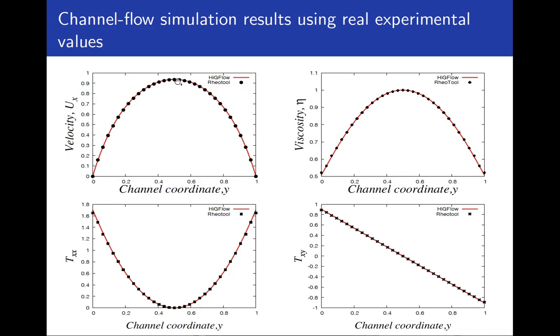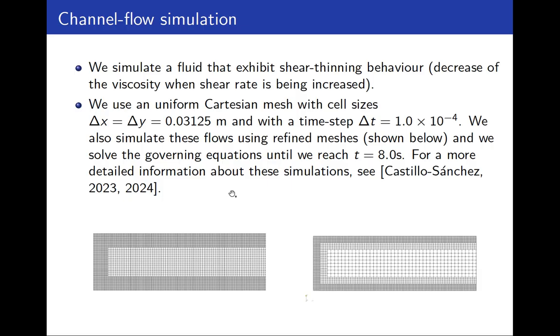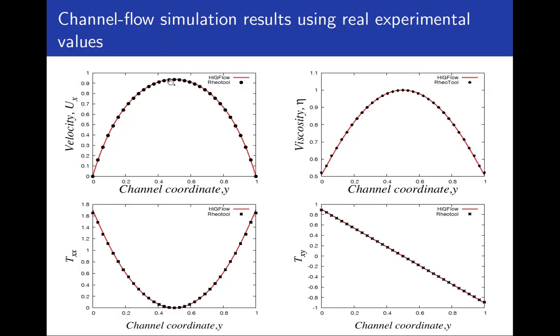We were expecting this behavior because it's common in any kind of fluid that in channels we observe a maximum velocity at the center. But we were mostly interested in what was happening at the wall because the viscosity was going to vary there. This is a shear-thinning behavior, because the viscosity decreases as we get closer to the wall.